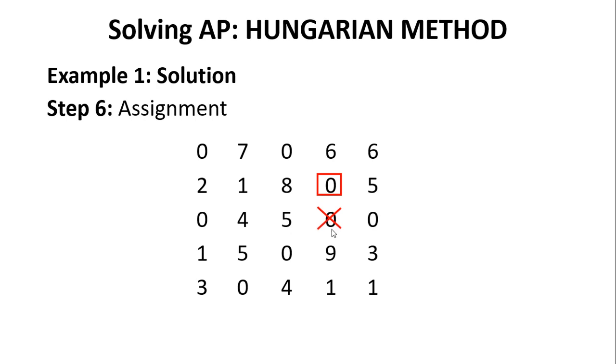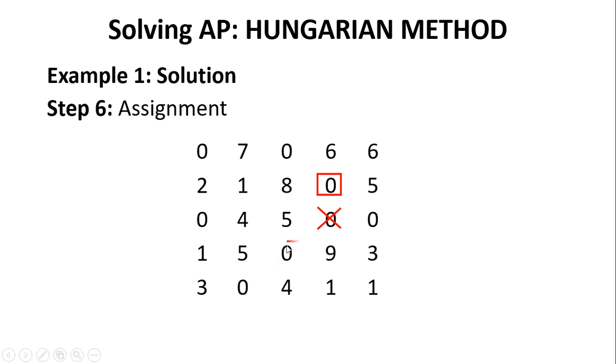Okay, after crossing this one, now we go back again, checking for a row or a column which we didn't assign, but having a single unassigned 0. Coming to this row, the fourth row, you can see that we have a single unassigned 0.